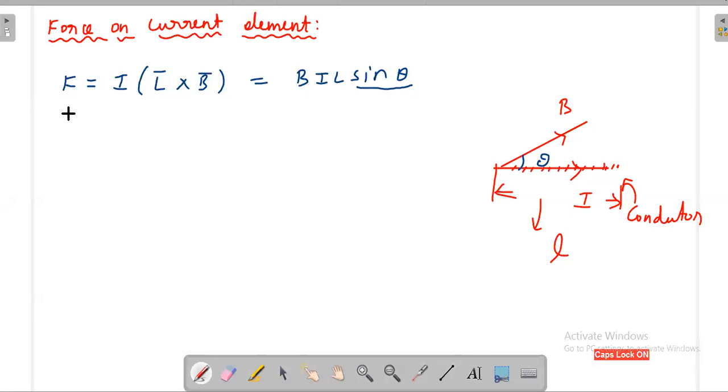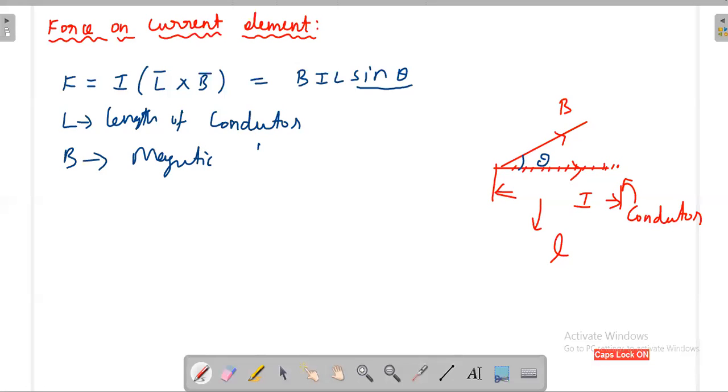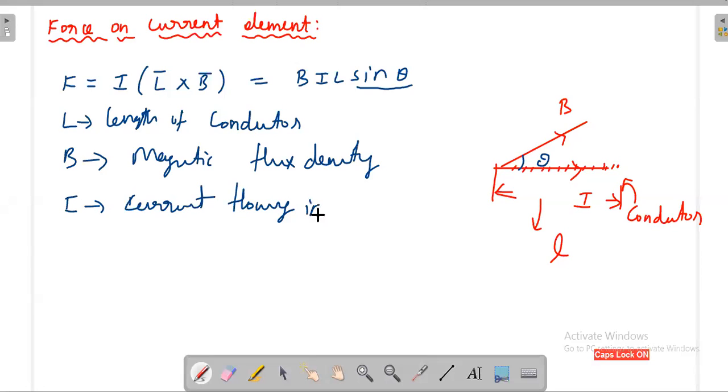L means length of the conductor. B means magnetic flux density, that you know. I means current flowing in the conductor.